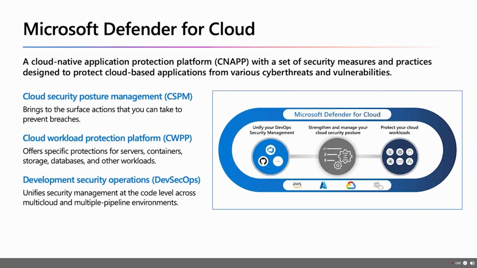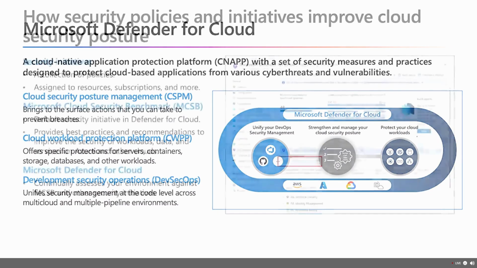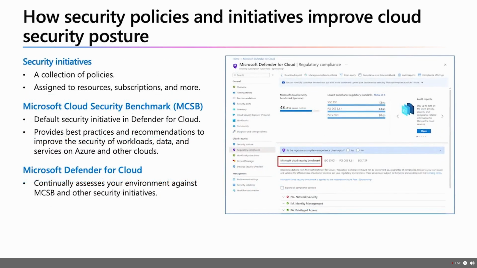But first, it's important to start with an understanding of the policies and security initiatives that Microsoft Defender for Cloud applies in the course of making recommendations. Policies and initiatives are a foundational component of Microsoft Defender for Cloud and how Defender for Cloud assesses security posture and compliance.